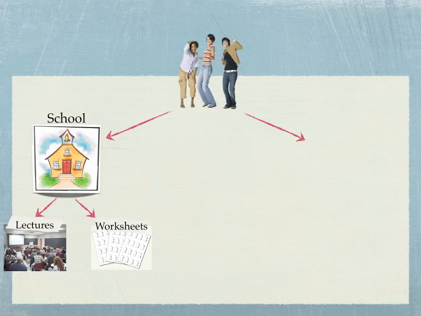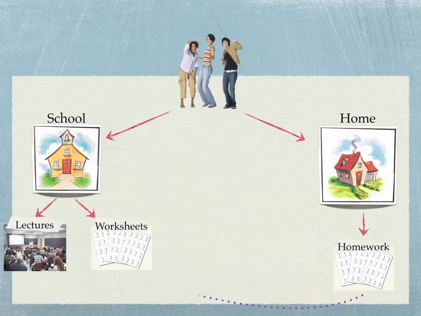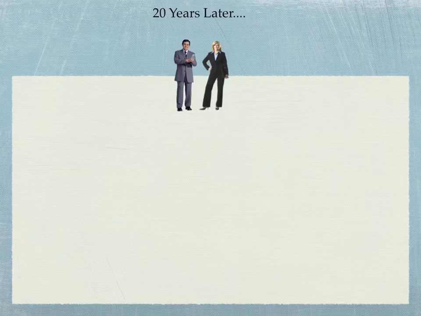Now, when these same group of students go home, they do homework. And if we're really honest with ourselves, that homework is probably the same as the worksheets that they didn't complete during the class time. Not very engaging right now. Now, these same students, in 20 years, are going to be professionals. And what do professionals do?